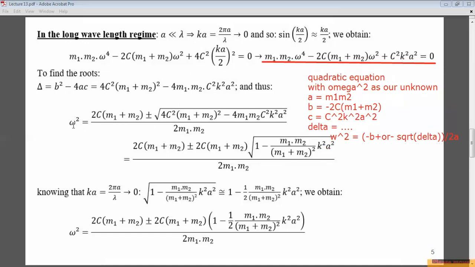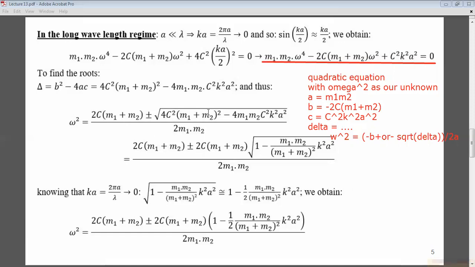So we got omega square now. This is equal to minus b, and we said b is 2c into m1 plus m2, so it is 2c into m1 plus m2 plus or minus square root of delta divided by 2a, which is 2 m1 m2. So I did a little bit of math. 2c into m1 plus m2 plus or minus 2c.